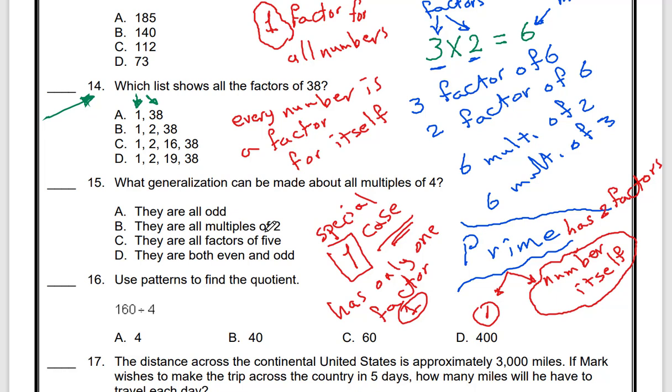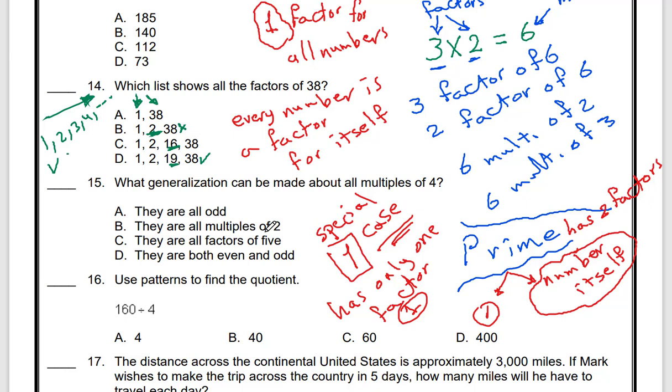Okay, so let's see if 2 is a factor. If 2 is a factor, it's not 2 multiplied by 2, so this one is wrong. It's 2 times 19, so not 16, it's 19. So this one is the correct one. My heroes, you go through the numbers 1, 2, 3, 4, and so on, and check every one. 1 is a factor, since 1 multiplied by 38 is 38.